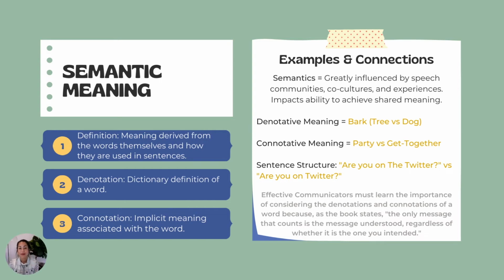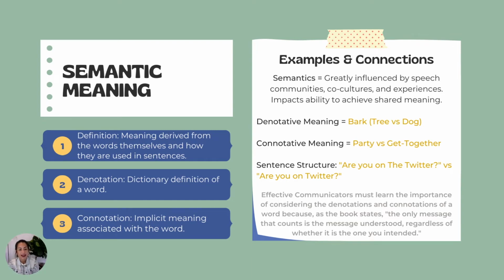Even though that's spelled the same, when you look in the dictionary, there are two drastically different definitions for that word. There's bark on a tree, and then there's bark like a dog barking. So we need to be aware that denotative meanings can have multiple meanings.